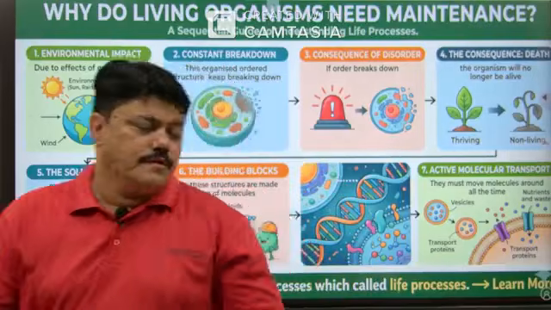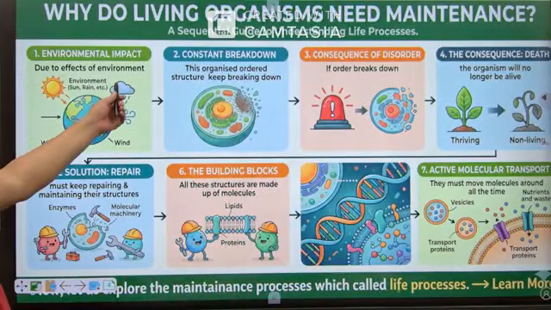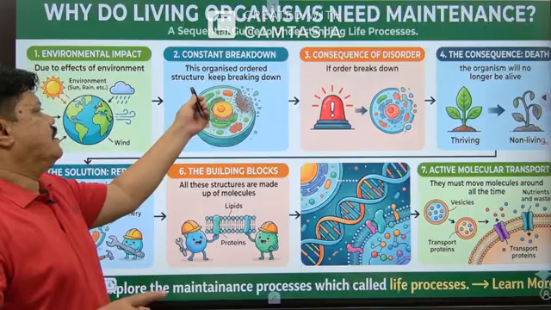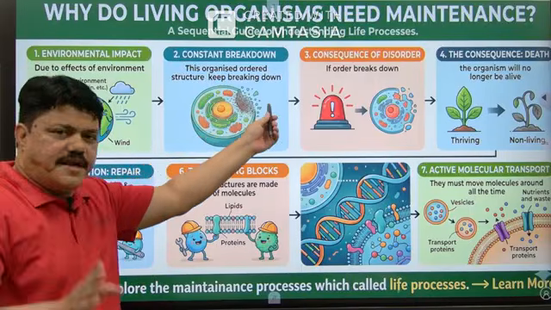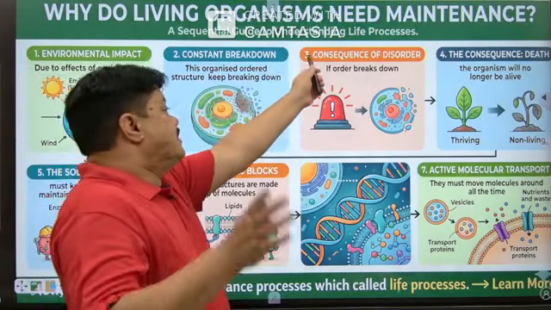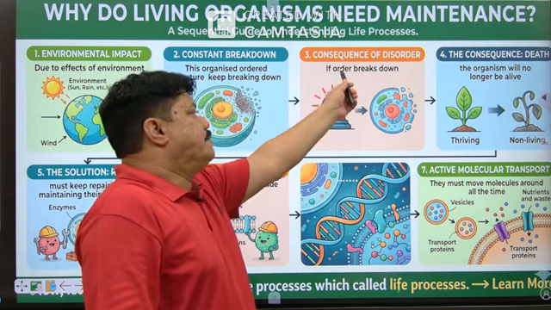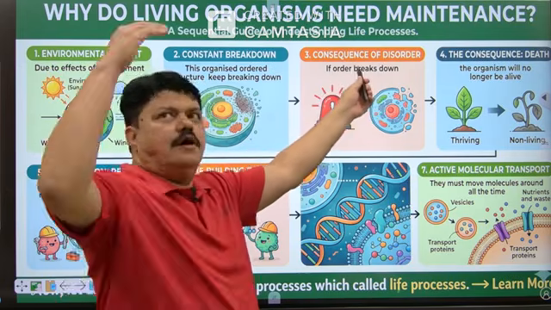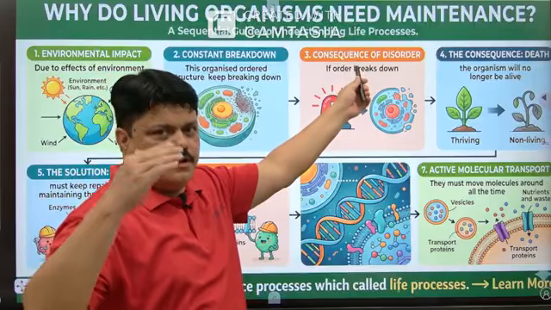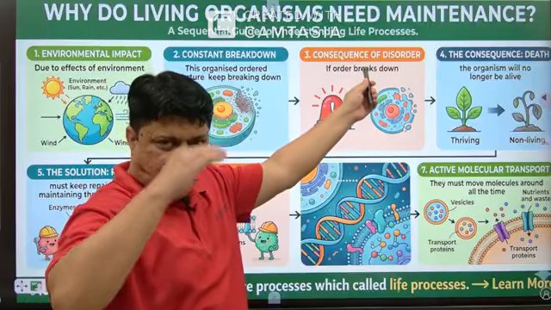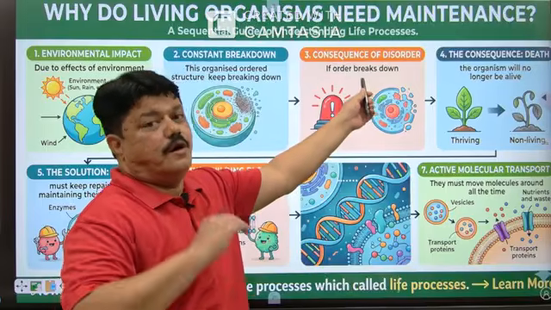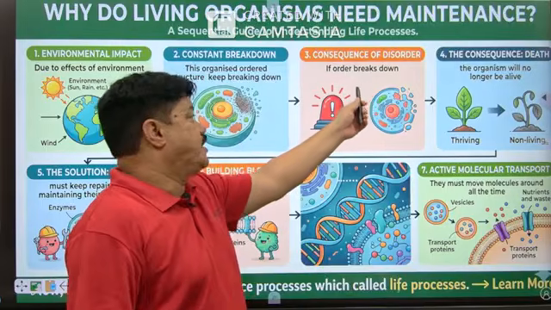Due to environmental effects, our organized structure keeps on breaking down. Which order breaks down? The organ systems made up of organs, made up of tissues, made up of cells, organelles, and they consist of molecules.